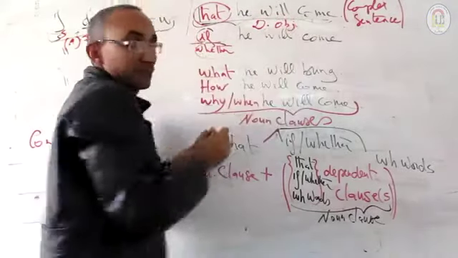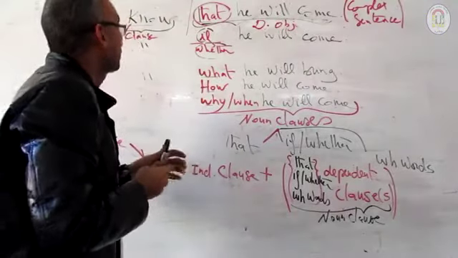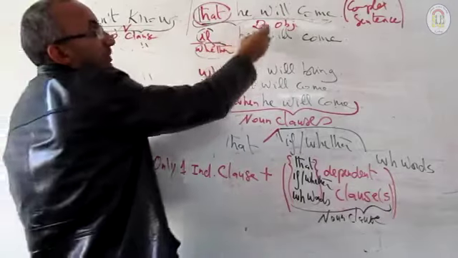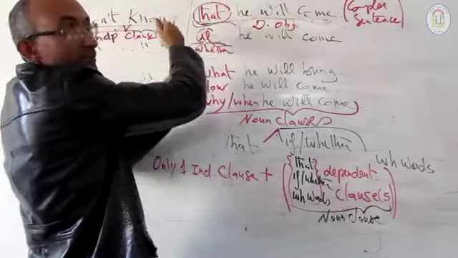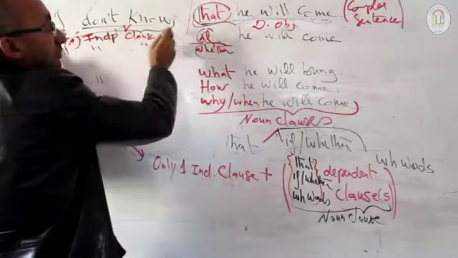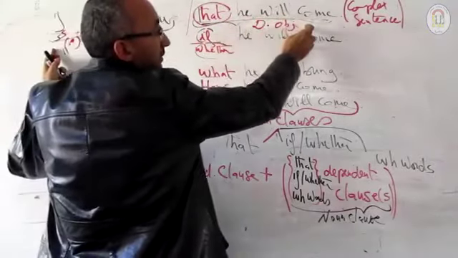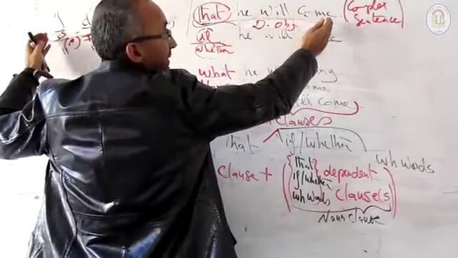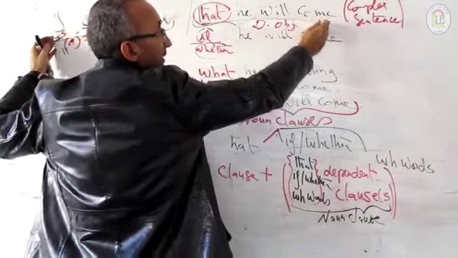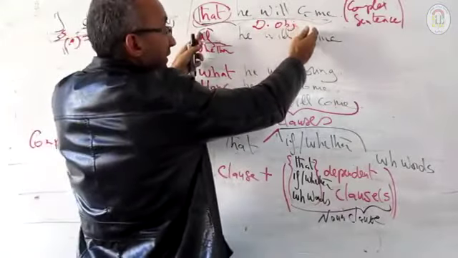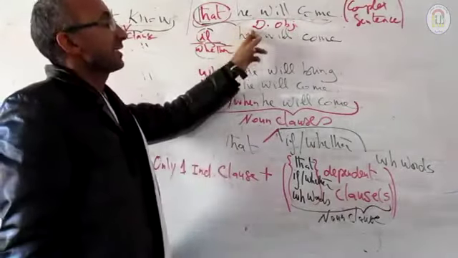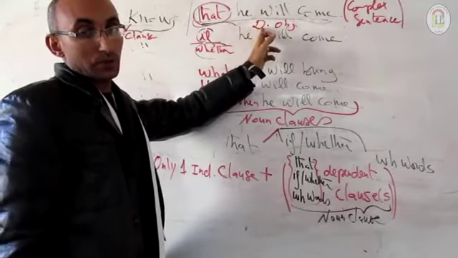Because when we read I don't know, here we have a direct object, so it's the completion. It means this one is incomplete. So, I don't know that he will come. All of it is my what? Independent clause. And this one itself is considered my dependent and noun clause.